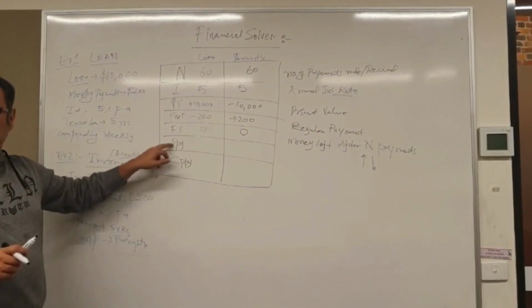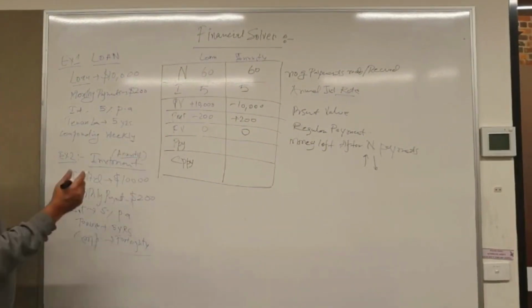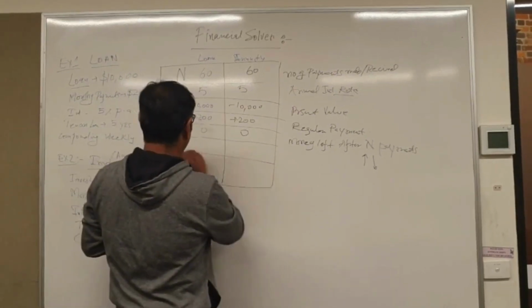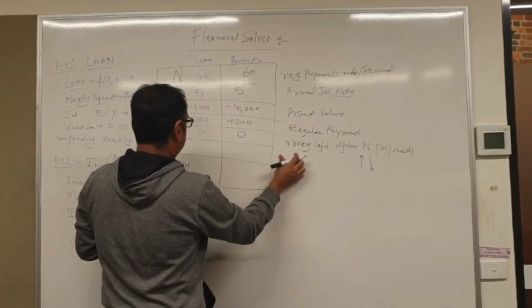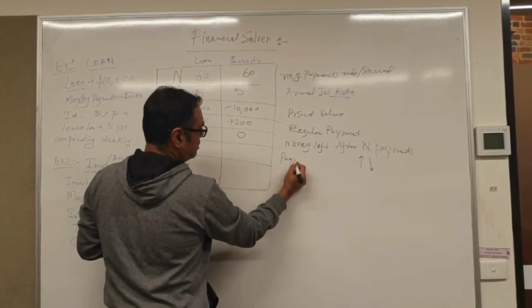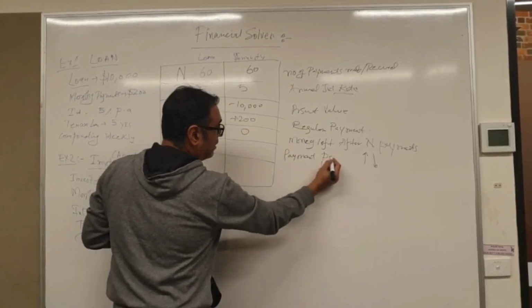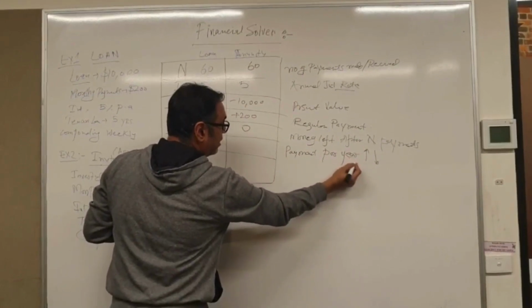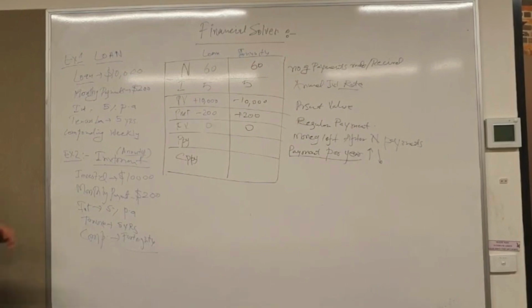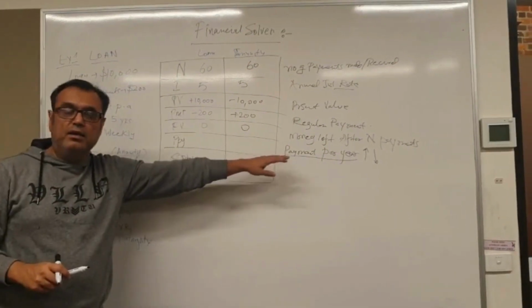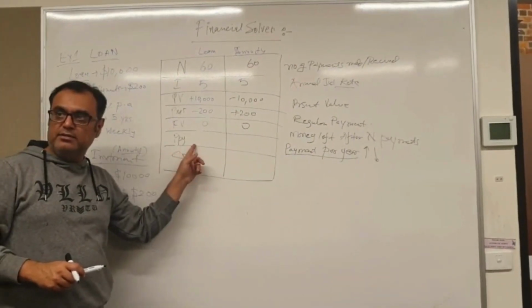This is where it becomes a bit more interesting. PPY is the payments per year. How many payments am I receiving in a year? This Y is a year.